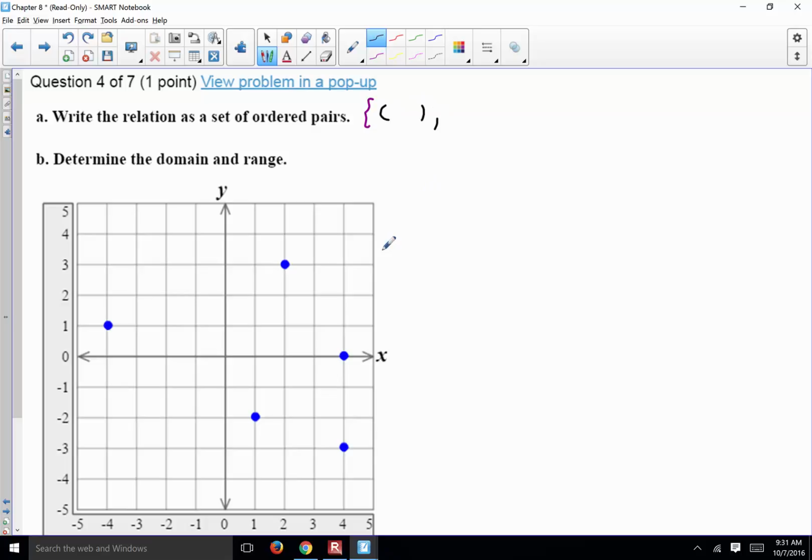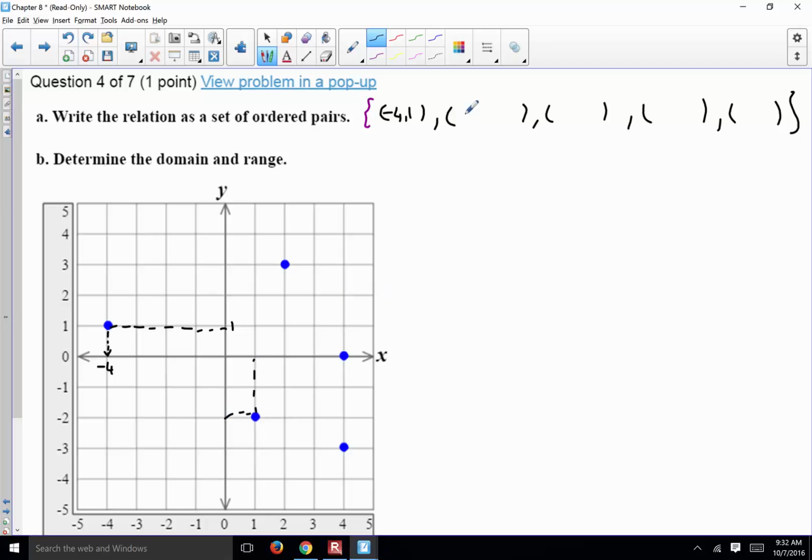How many pairs do you see? 1, 2, 3, 4, 5. So you need to make 5 of these. How do I get those numbers? You just need to hit X and Y and read them. So this is -4 and 1, right? Correct?